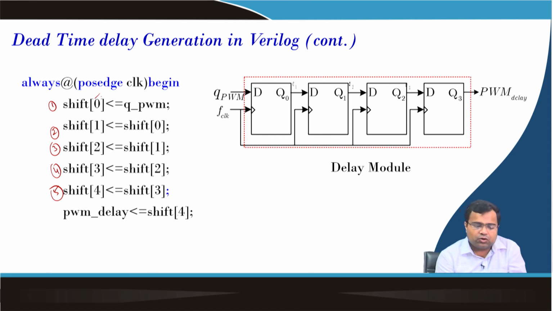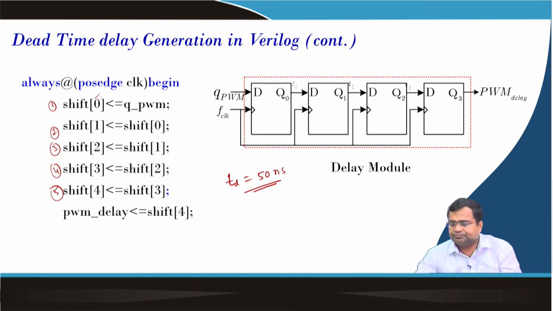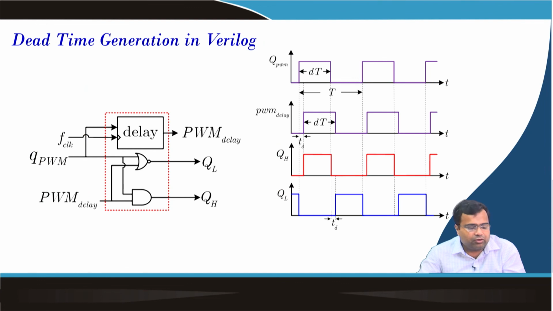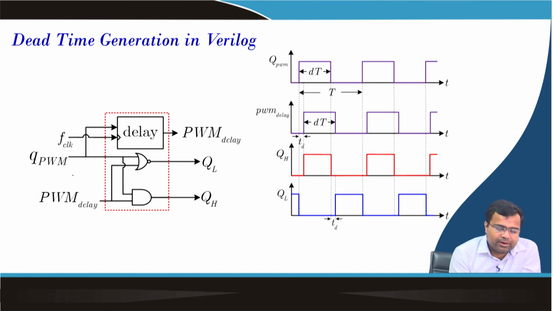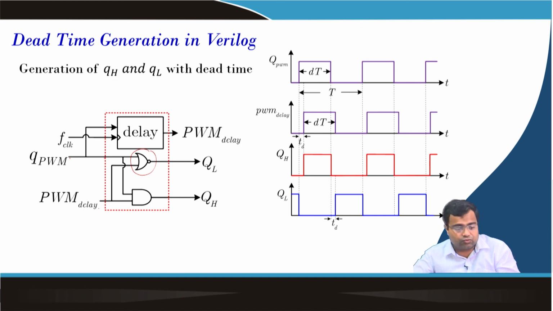So, we are taking tau d, the delay, to be 50 nanoseconds. We have discussed that if you have this QPWM, then we just generate this delay. And what is QH? We know that QH is the AND operation of the QPWM and the delay signal, and QL is the NOR operation of these signals. So, you can simply write code to do that.